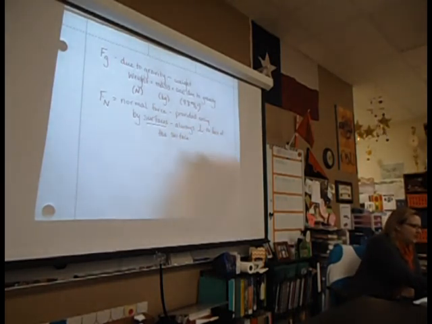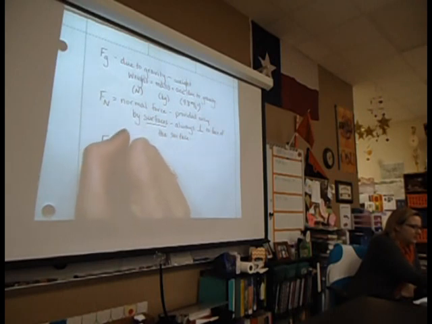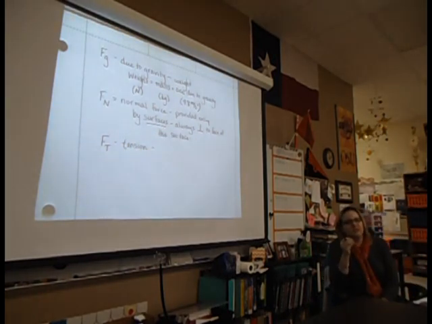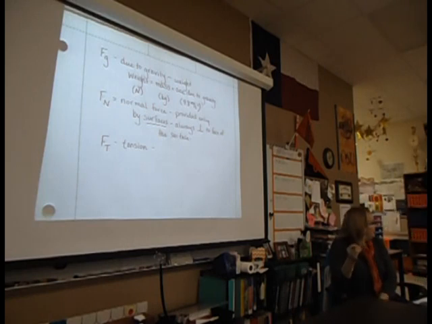Now, what if you don't have a surface? What if something is hanging by a thread? Tension force is the force that holds something up.